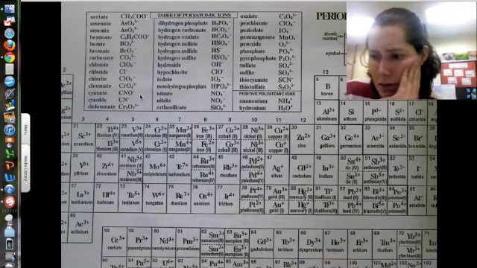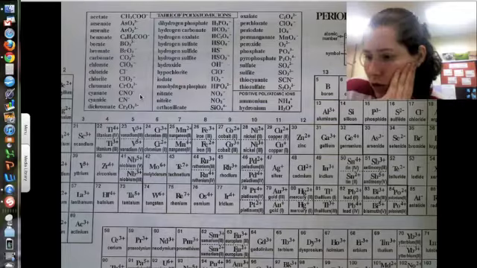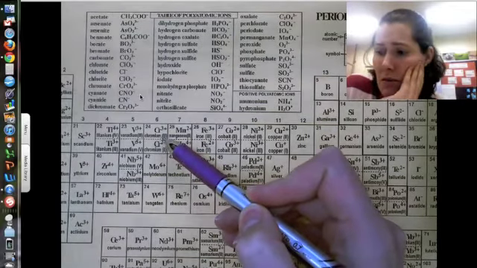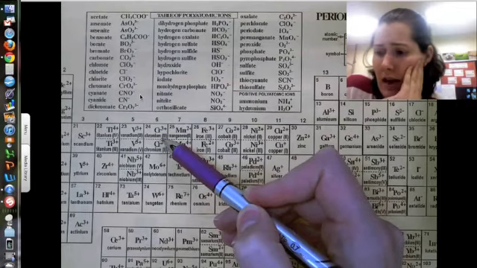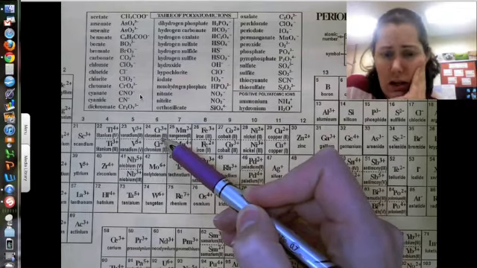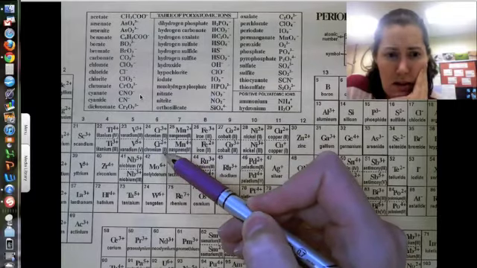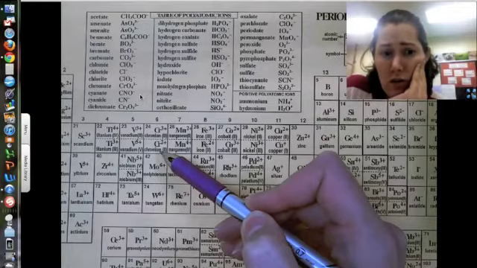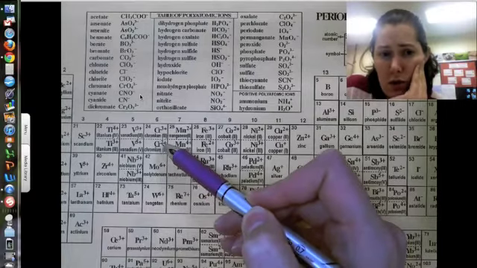Take, for example, chromium. Chromium's right here. Chromium is a metal that sometimes can be found as an ion with 3+ as its charge, and sometimes can be found as an ion with 2+ as its charge. And so what we need to be able to do is first know how to write those to distinguish between them.